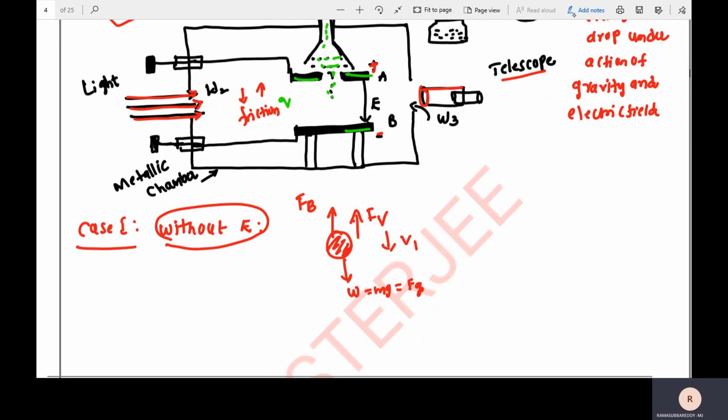with some velocity v1. When the net force is equal to 0, the drop is moving at constant velocity, that is terminal velocity. What does net force equal to 0 mean? Buoyancy force plus viscous force minus Fg is equal to 0, then Fg is equal to buoyancy force plus viscous force.